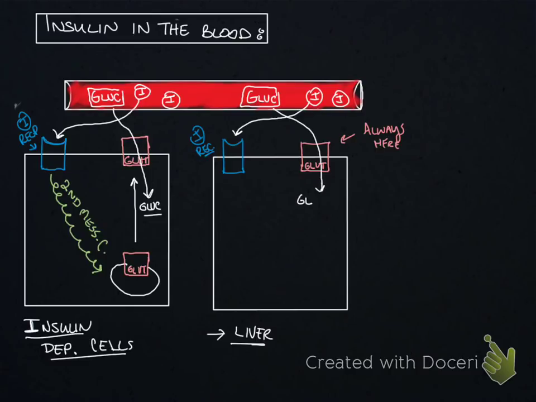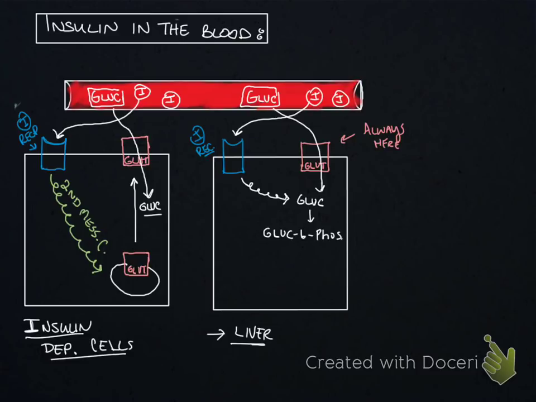So now glucose is in the cell, but as insulin binds to its receptor, it causes a chemical reaction that makes glucose turn into what's called glucose 6-phosphate.